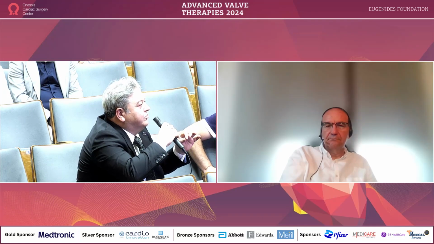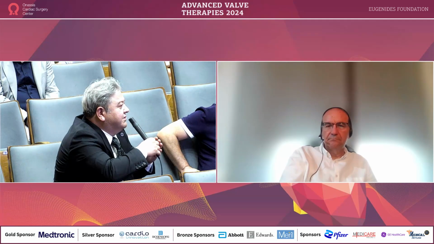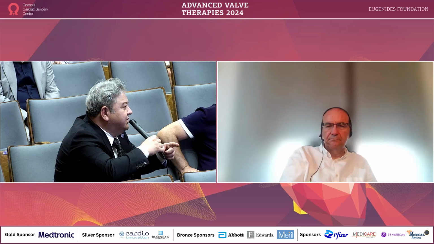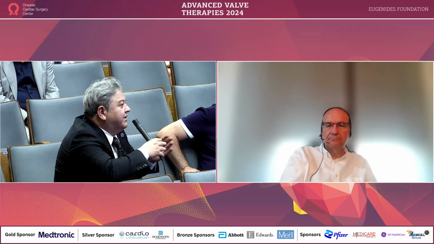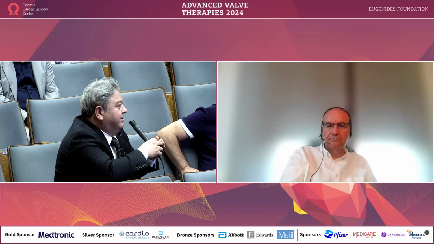Same question to you, because the shape of the bicuspid valve is very important. In this case, you made a very high implantation and also in the right cusp overlap view. There is a chance that the high implantation was done because of the high amount of calcification, the supraannular calcification.